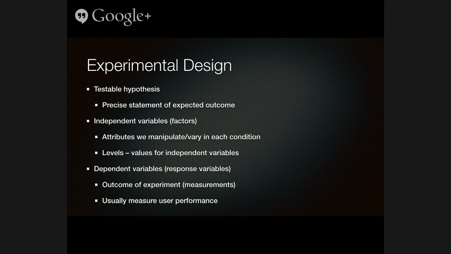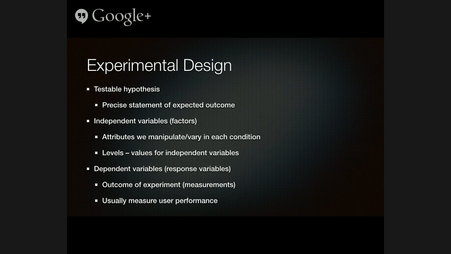And then the dependent variable, the response variable, what we're trying to measure, would be sleepiness. How you would measure that, you have to be in my position. I can very easily measure sleepiness in this room. And usually in HCI studies, we're measuring user performance, how well people do using an interface.